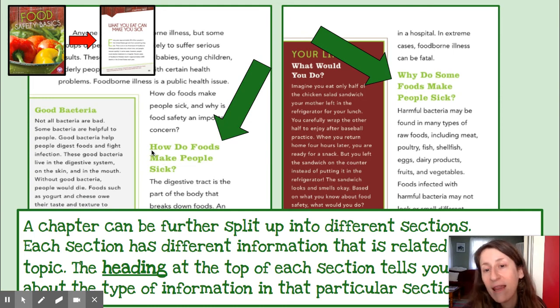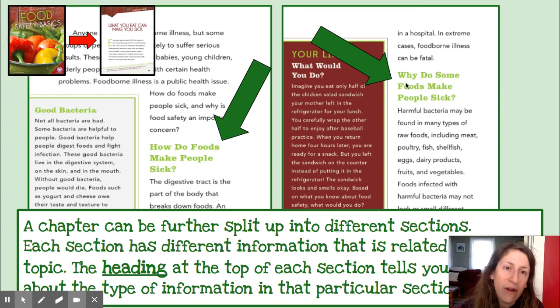So like in this section, we're going to learn about how do foods make people sick. So like maybe what happens in our body, okay? This is called a heading. And it's at the top of each section to tell you what information is in each of the sections.